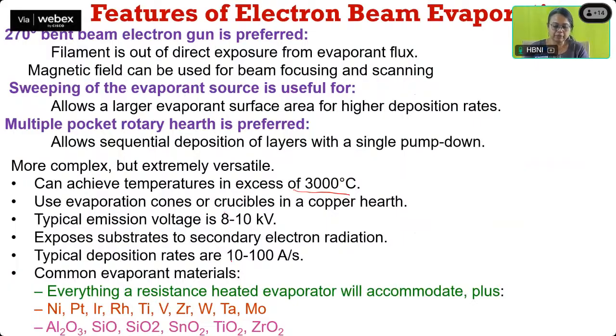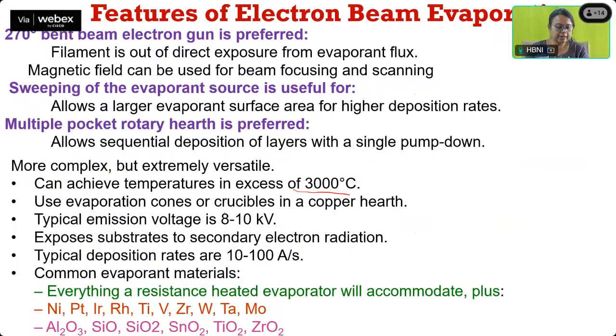So it can be 10 angstrom to 100 angstrom per second. Common evaporant materials are oxides like Al2O3, SiO, SiO2, SnO2, TiO2, and everything a resistive heating evaporator will accommodate.